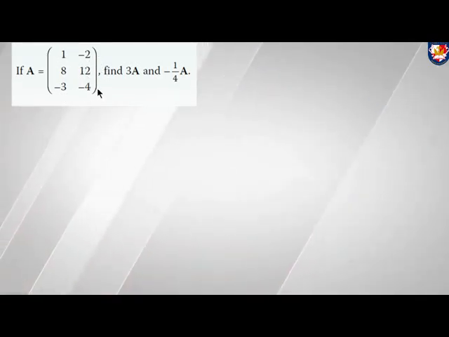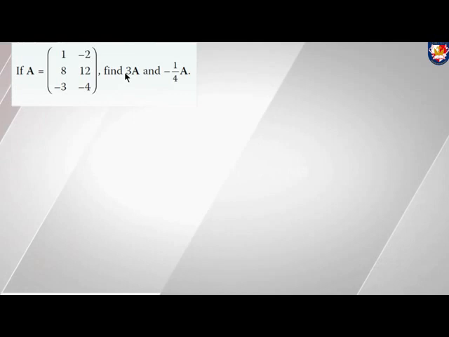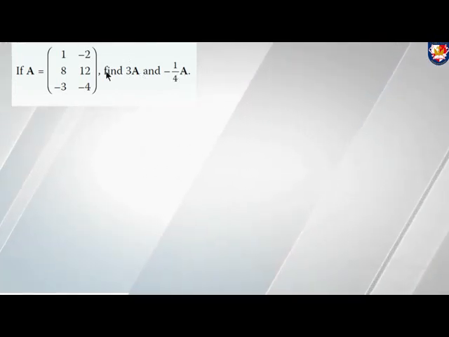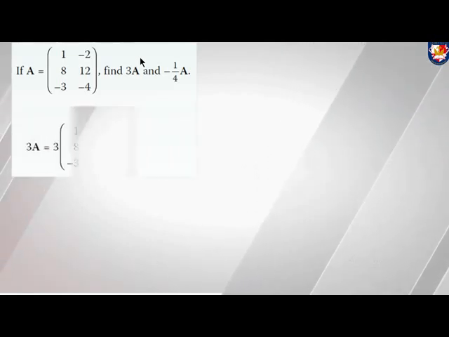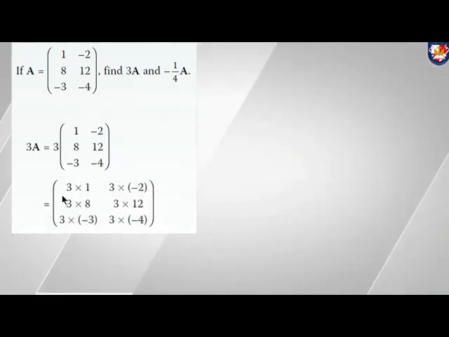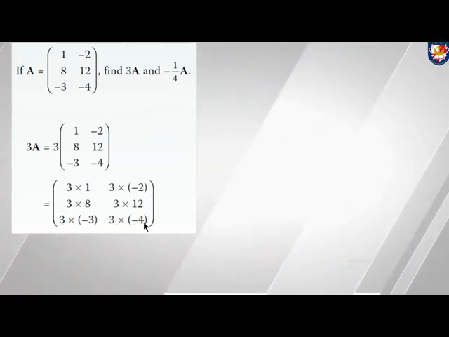If A, the elements are listed here, 1, -2, 8, 12, -3, and -4, find 3A and -1/4 A. Let's deal with 3A first. 3A means 3 times matrix A. It's 3 times every element in matrix A. So matrix 3A is 3 times 1, 3 times -2, 3 times 8, 3 times 12, 3 times -3, and 3 times -4.